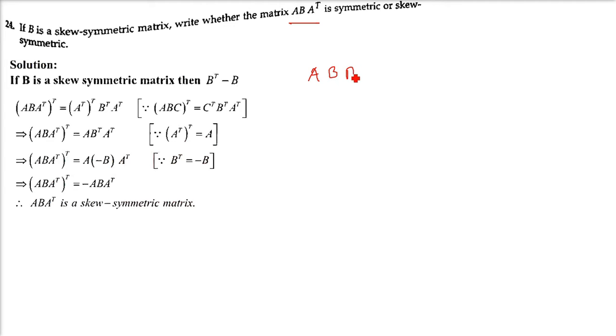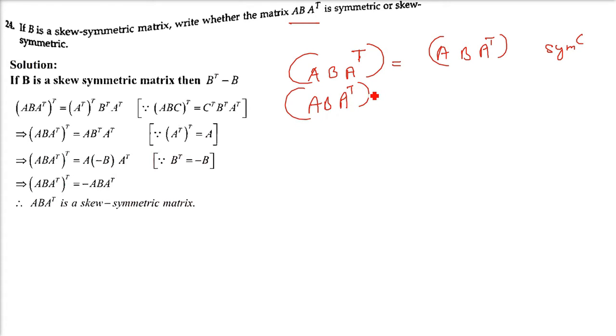If it is symmetric, if you take the transpose of this, the same matrix should come. If you take the transpose of ABAT and it comes as negative of itself, then we will say it is skew symmetric.